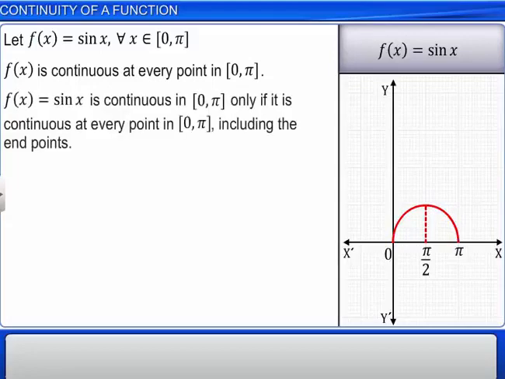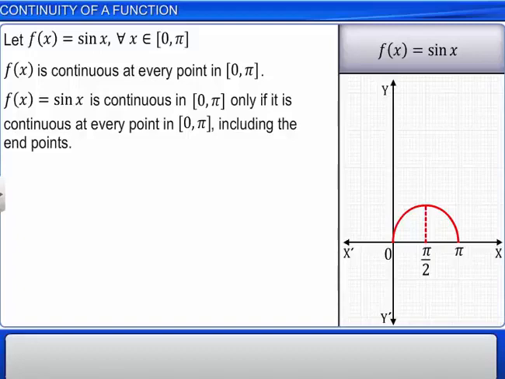However, if we say that function f of x equal to sin x is continuous in the closed interval 0, pi, then we need to show that it is continuous at every point in that closed interval. So let's check the continuity of the function at its endpoints.